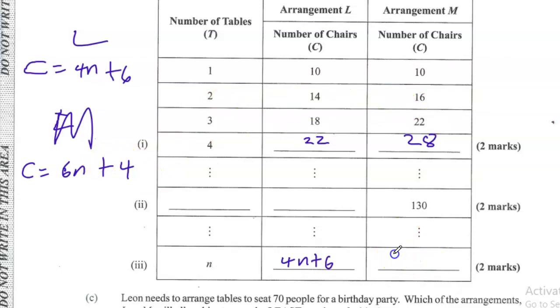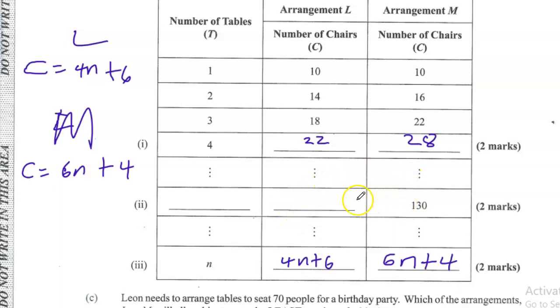So for this arrangement, the rule generally will be 6n plus 4. So to get from the values in the first column to the values in this third column, arrangement M, you multiply these values by 6 and add 4. And for the middle column, you multiply the first column values by 4 and add 6. That seems to work for all of them.